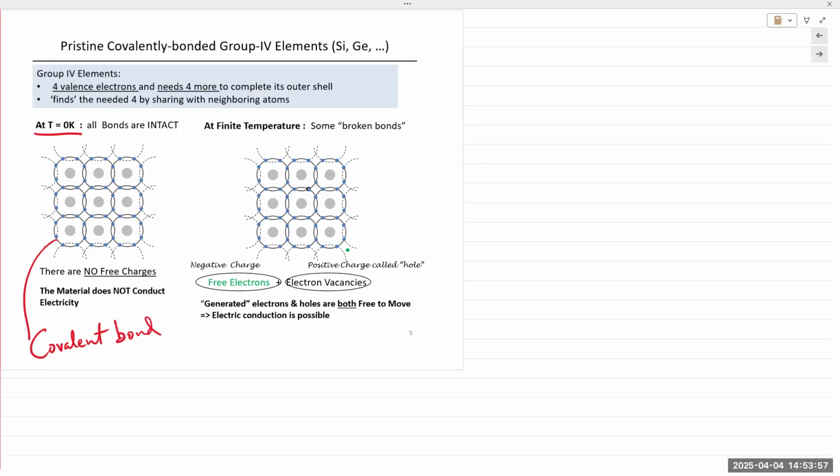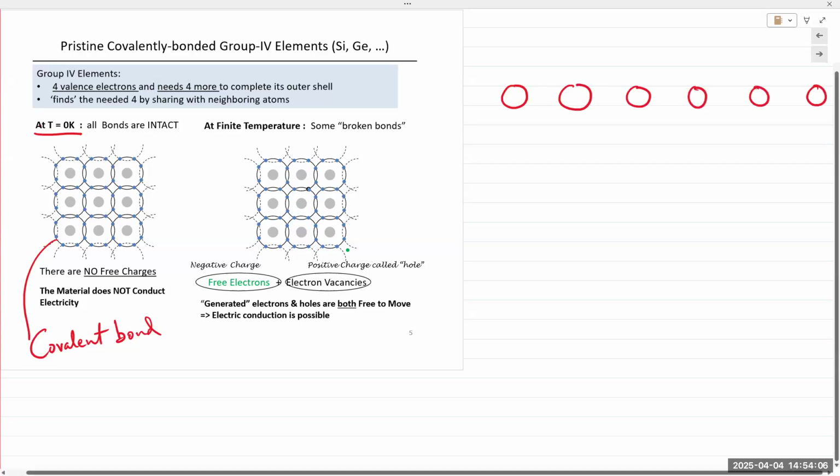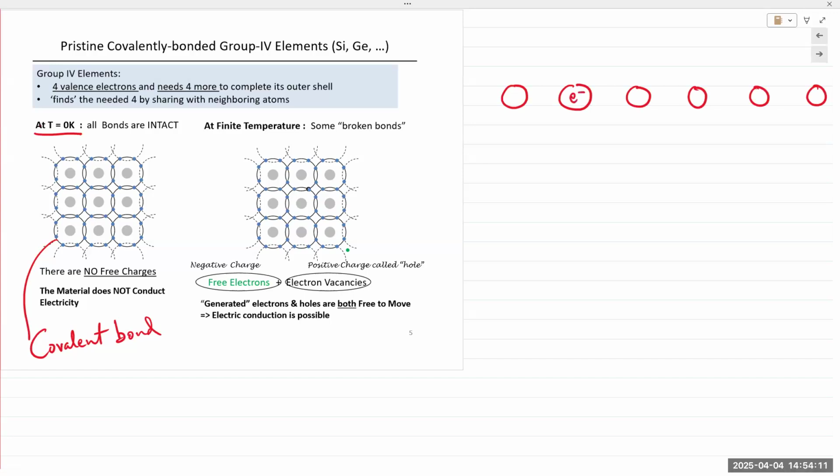But here's the thing that happens. Let's say you have an electron in all these spots, and there's an empty spot right there. Okay, there's an empty spot. So this electron could possibly acquire enough energy to jump into this empty spot.